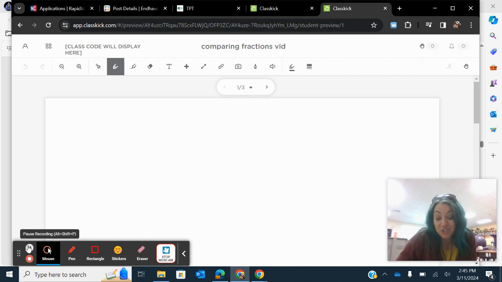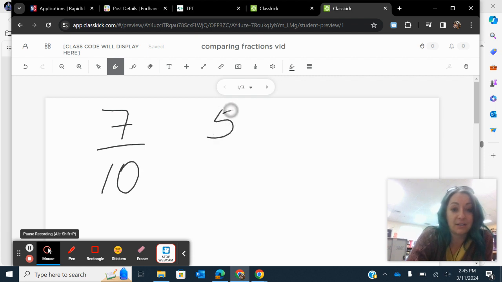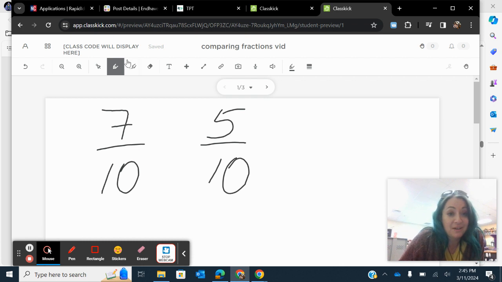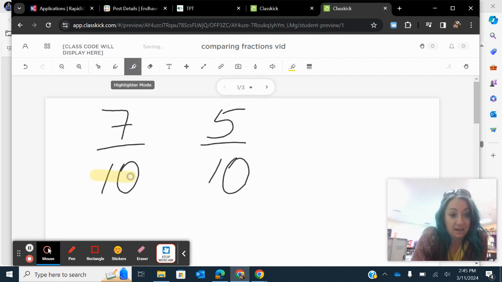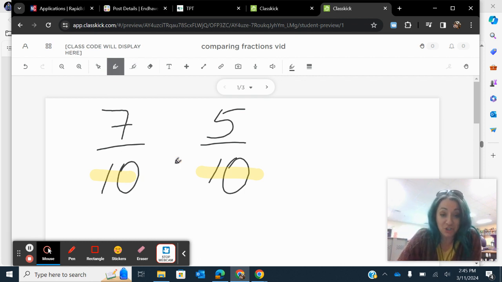Okay, so I just want to show you also if you are just straight up looking at the fractions. So for example, if I have 7/10 and I have 5/10. Now, I remember my rule of if the denominators are the same, 10, 10, both are the same, all I have to do is compare the numerators. So if I'm looking at these ones, which numerator is bigger?